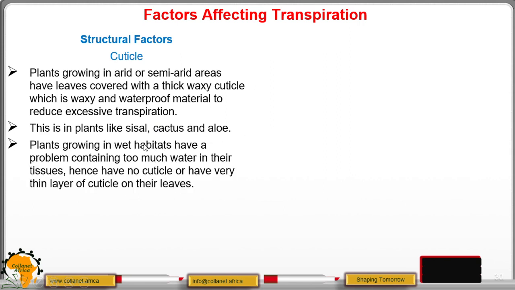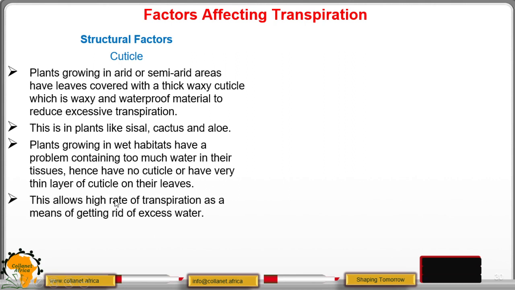Plants growing in wet habitats have the problem of accommodating too much water in their tissues, therefore they have no cuticle, or have a very thin layer of cuticle on their leaves. That means the rate of transpiration is high so that it can get rid of excess water.